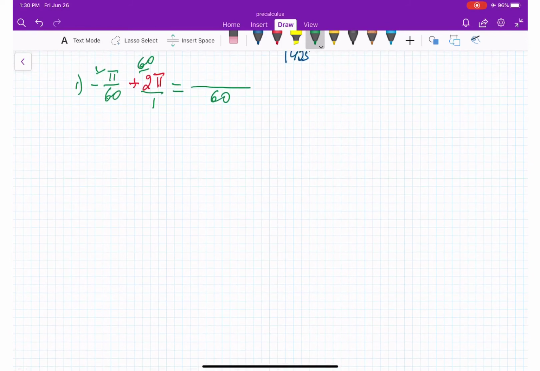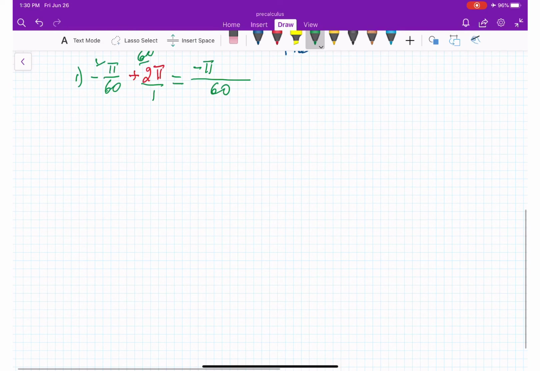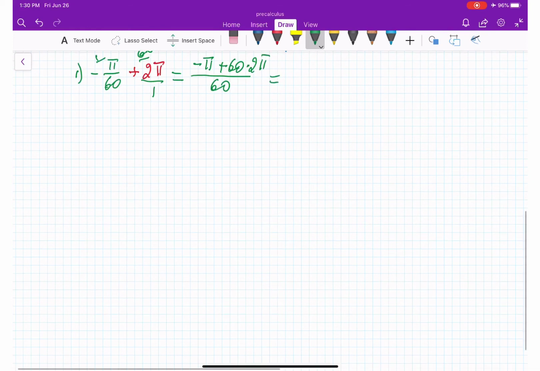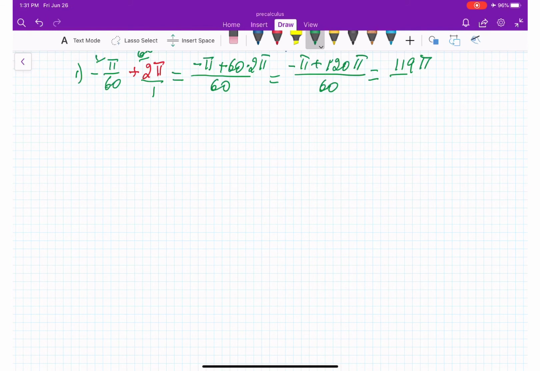So we get negative pi plus 60 times 2 pi. This is equal to negative pi plus 120 pi divided by 60. And the answer is 119 pi over 60. Okay, next one.